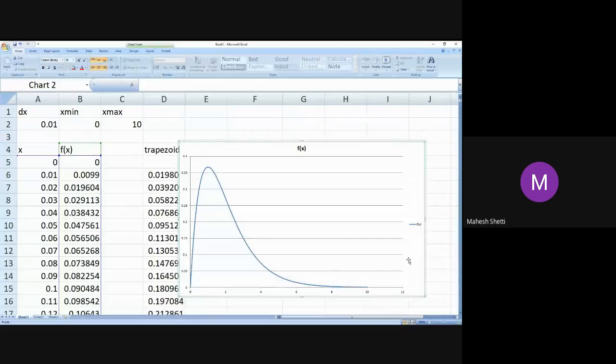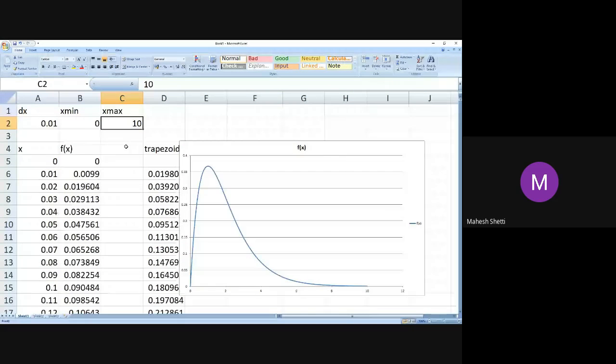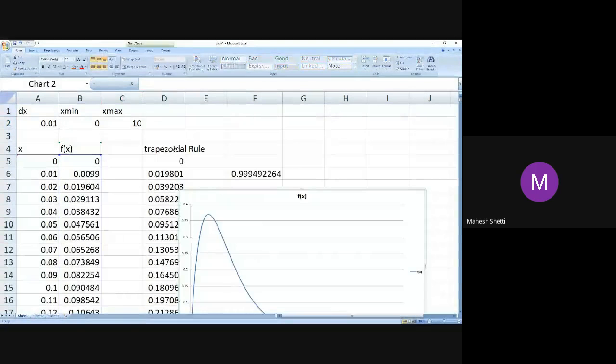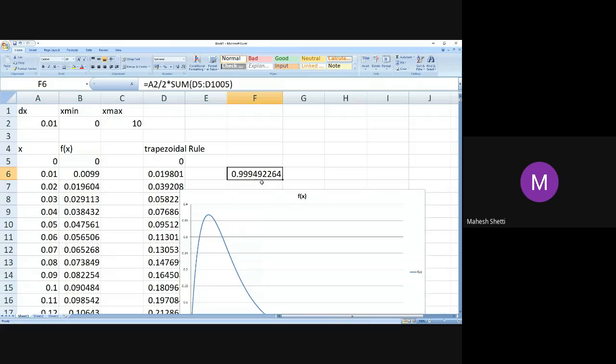So I have taken the function x e raised to minus x. I can go to infinity in the upper limit. If I change the upper limit to 5, 10, 15, 20, am I approaching 1? Yes, I am approaching 1.